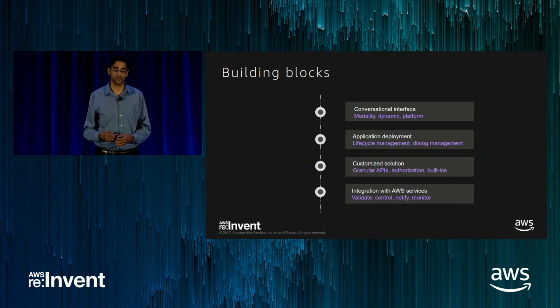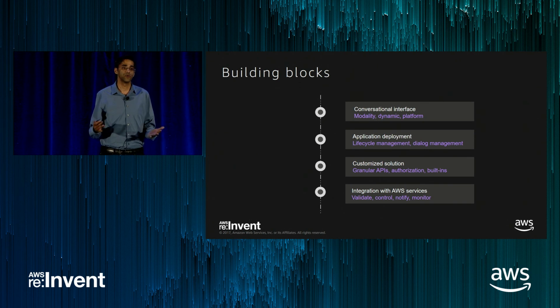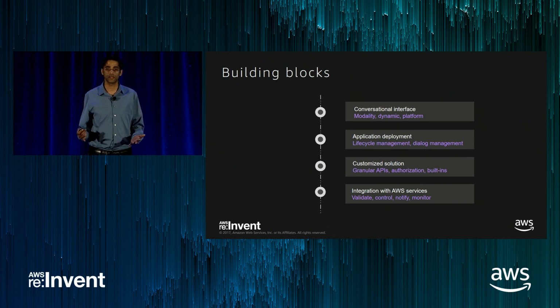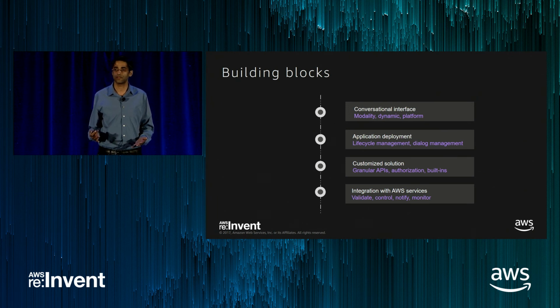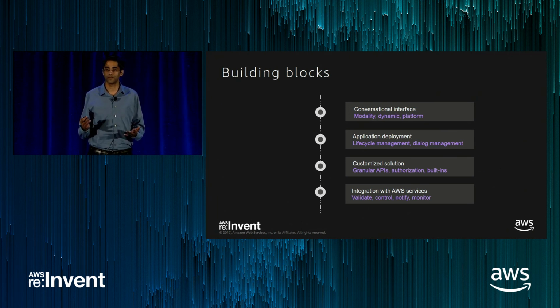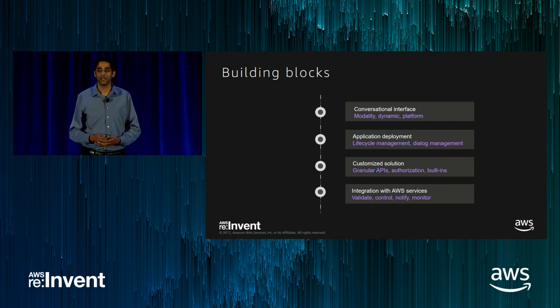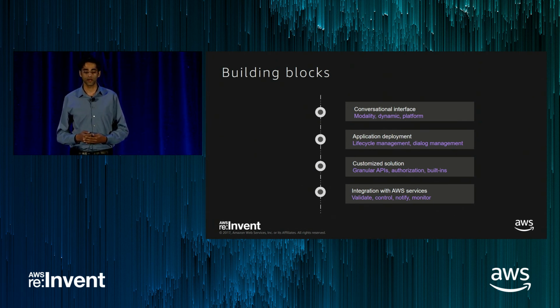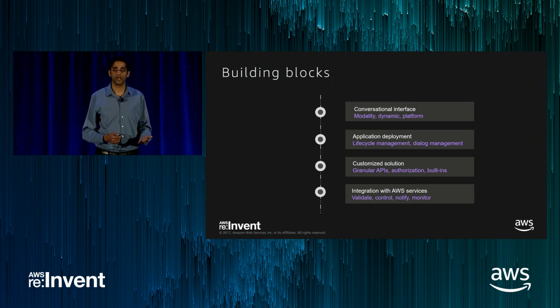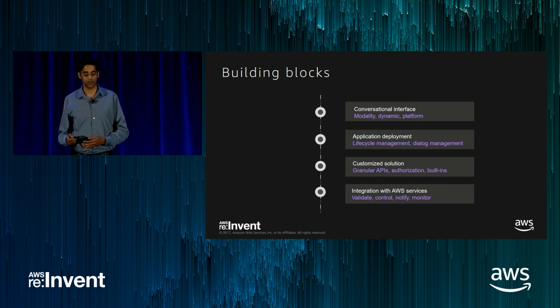Because there are different customers and each one has their own custom and pre-built skills, how do you ensure granular access based on their application, based on the permissions that they have? And finally, it is the integration with the other AWS services that we'll briefly touch upon.